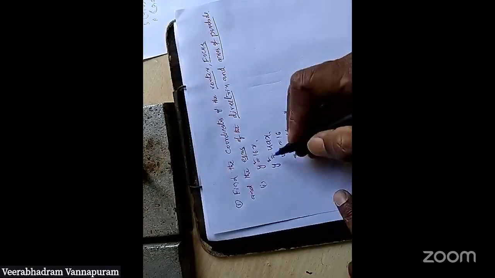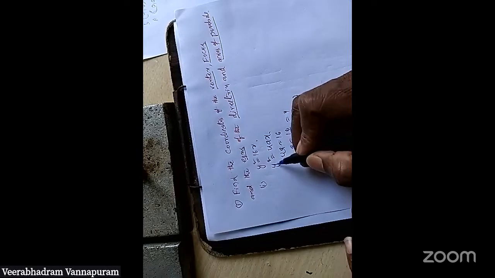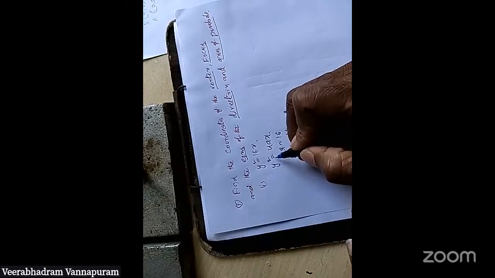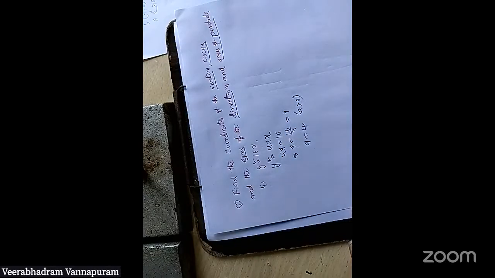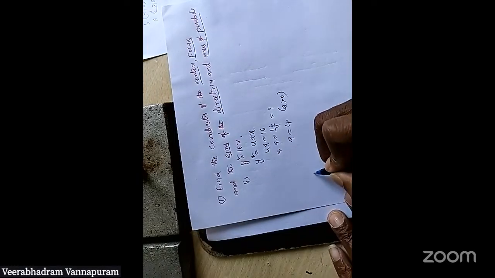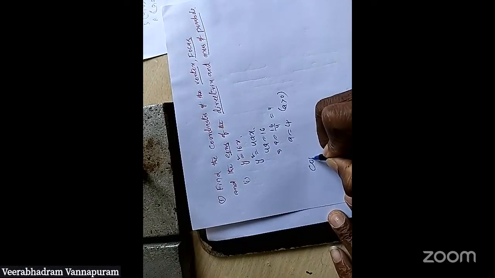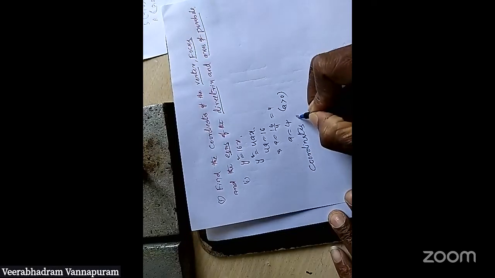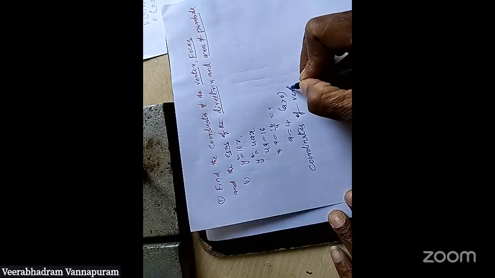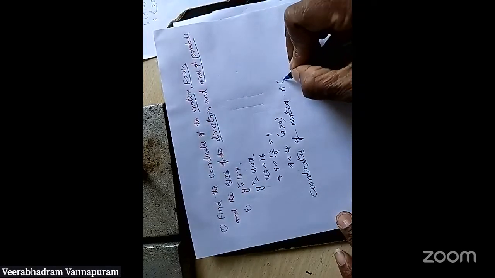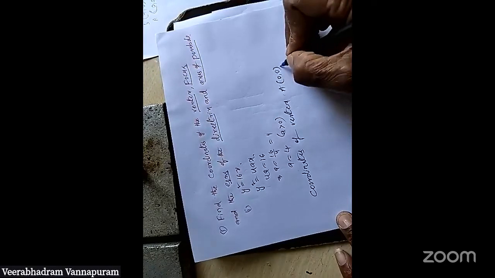Clearly observe here, the parabola is horizontal. Therefore, the coordinates of the vertex are (0, 0).